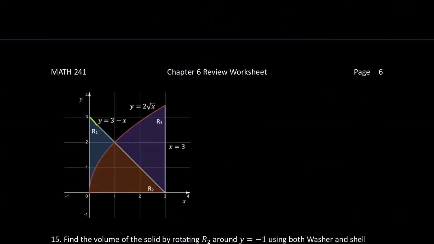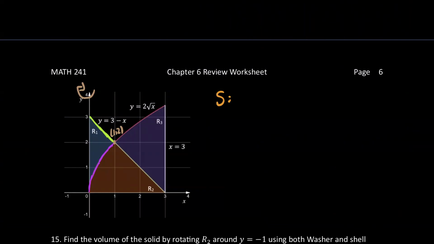Okay, so region number 1 around the y-axis. And we're doing shell method.